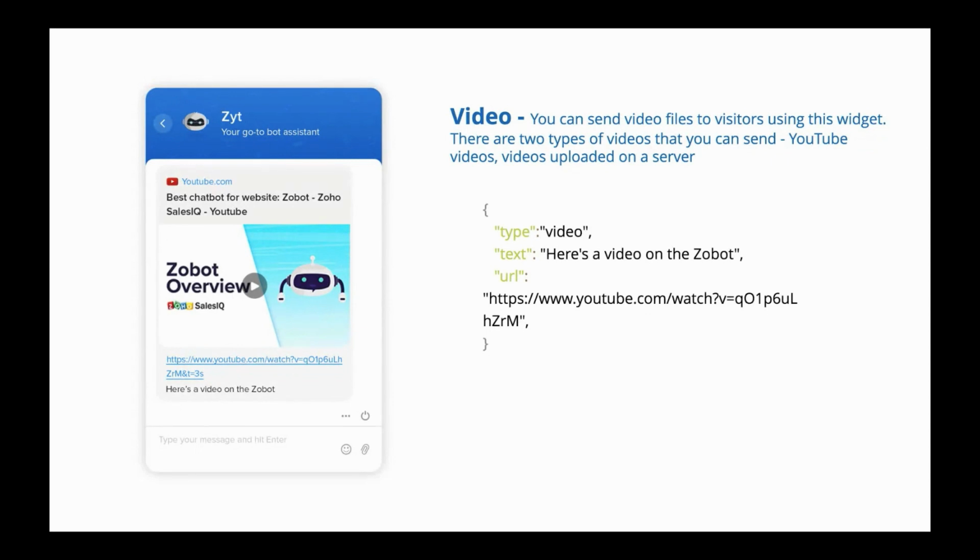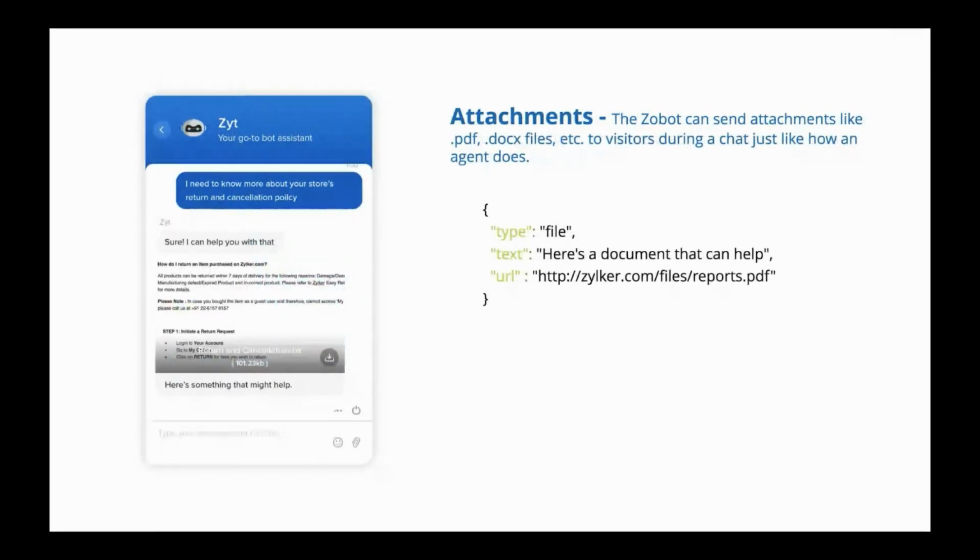There are two types of videos that you can send: videos that have been uploaded on YouTube and videos that have been uploaded on a server. You also have the attachments card, using which the Zobot can send attachments like PDF, doc files, etc. to your visitors during a chat, just like how an agent does. So these are the two new additions.